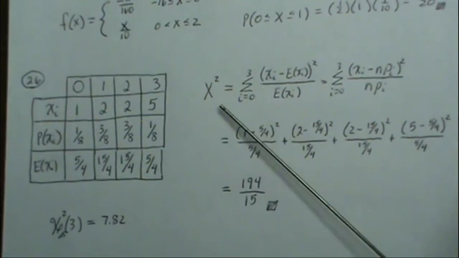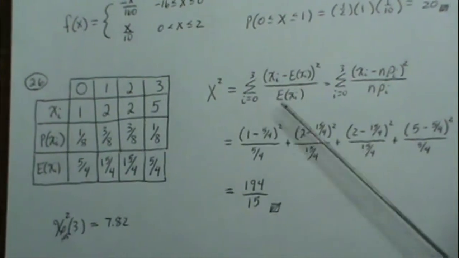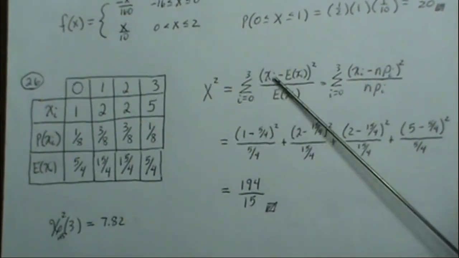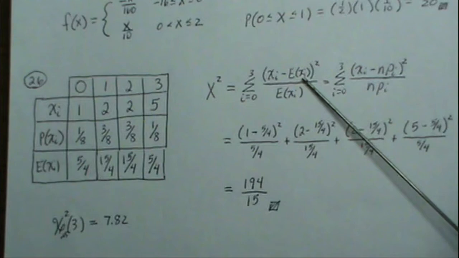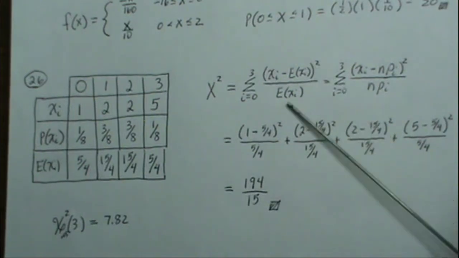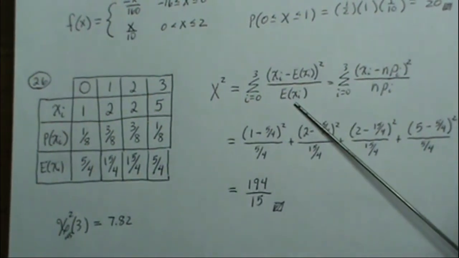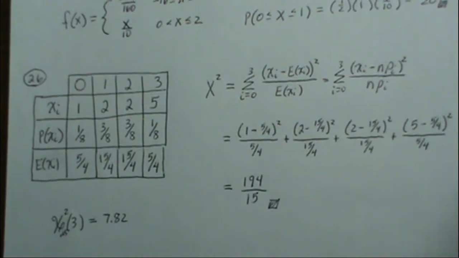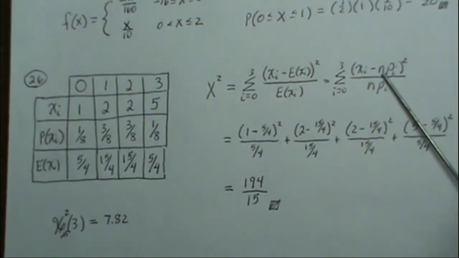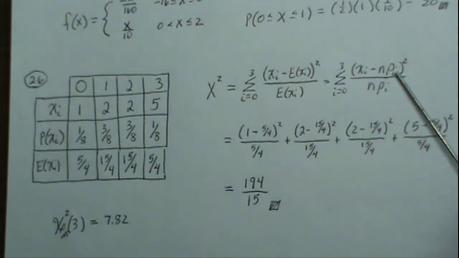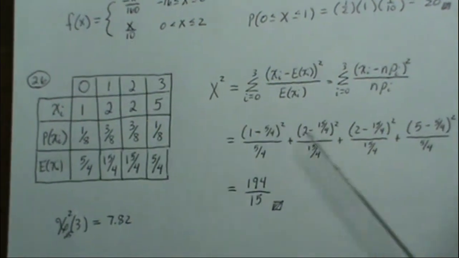So the chi-square test is we sum over each of these categories, taking the observed minus its expected, square it, divided by its expected. And in this setting the expected is n, which is the number of trials we did, which is 10, times the probability of observing that event, which are these cases here.